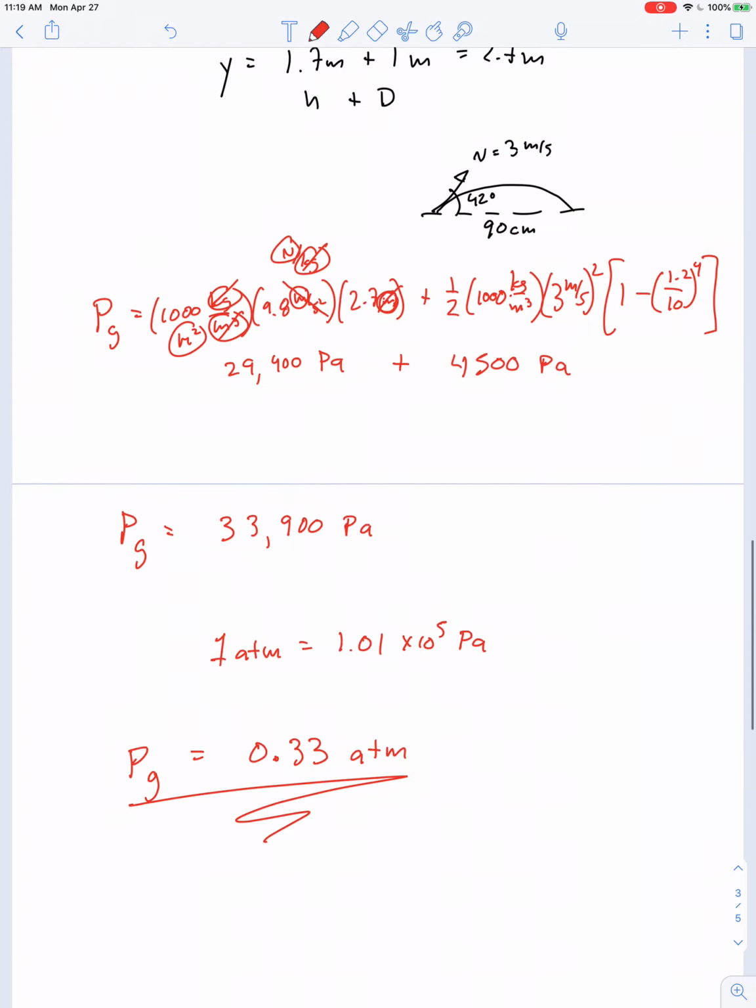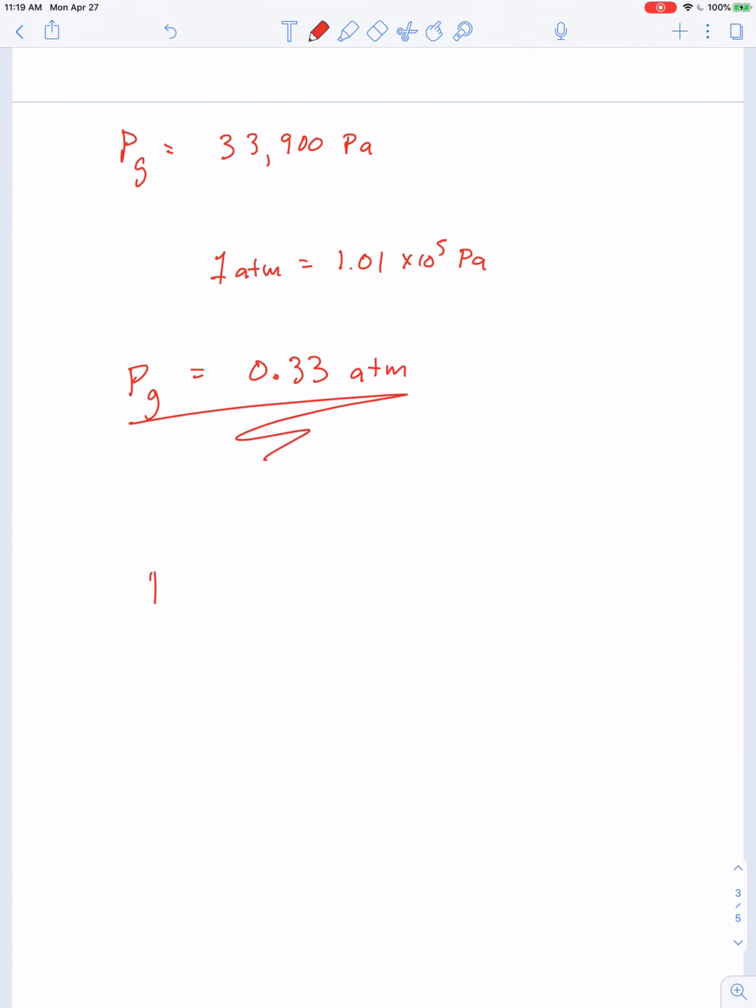Now I want to come back to the equation that we derived that says in a situation like this, gauge pressure is rho gy plus 1/2 rho v squared times the quantity 1 minus r2 over r1 to the 4th power.